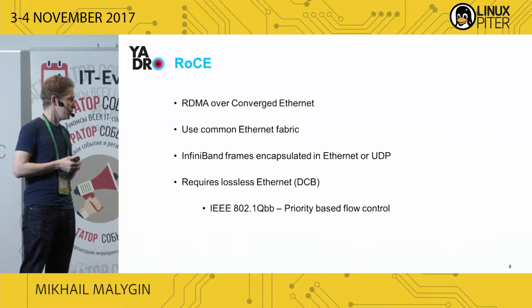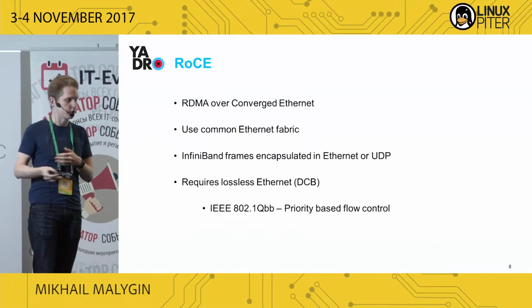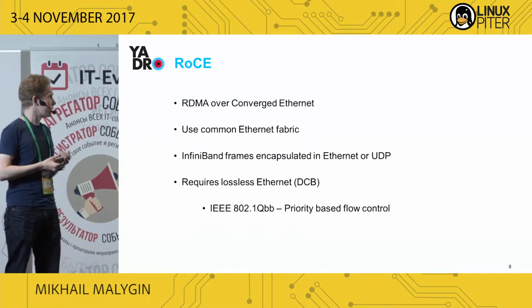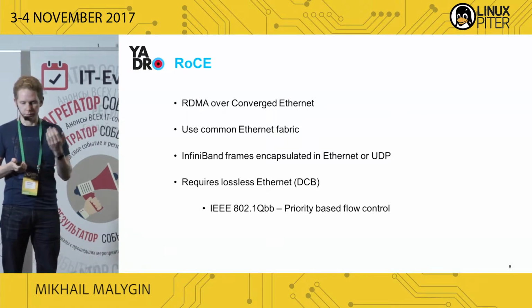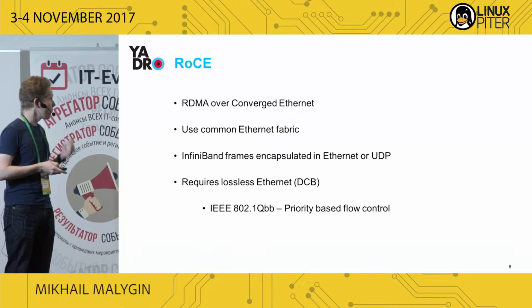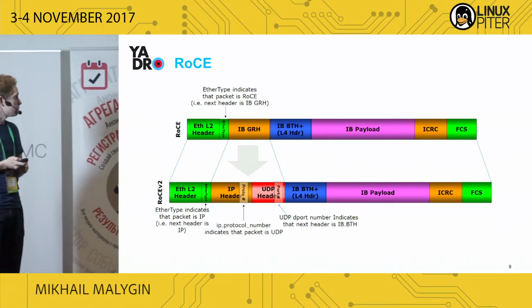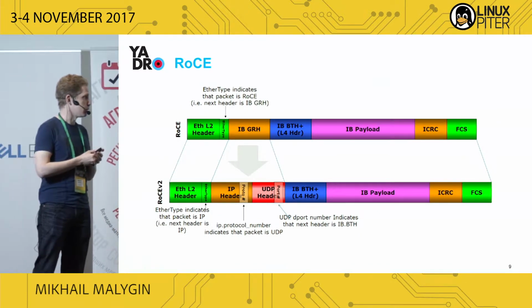There are certain standards which allow us to have a reliable Ethernet on the cable. This makes it impossible to lose frames. That's how it looks on the cable.